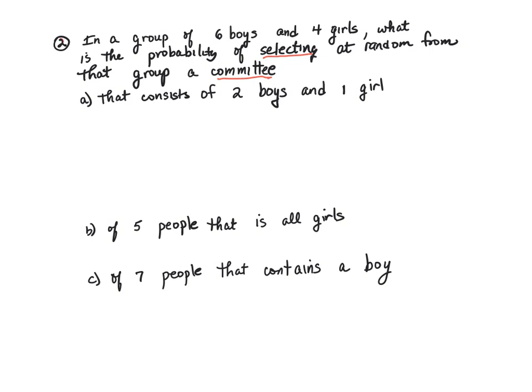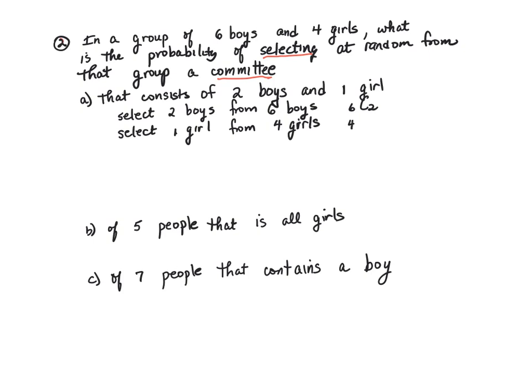So let's consider the number of ways of selecting 2 boys from 6 boys. And that would be 6C2. And the number of ways of selecting 1 girl from the 4 girls, well, that's just 4C1.